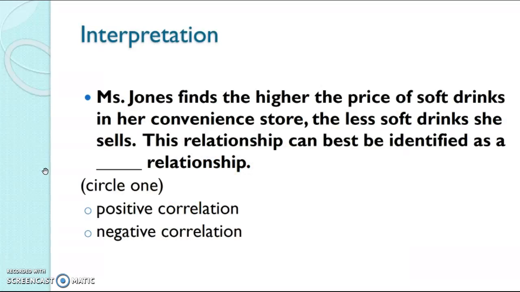So first of all, I want you to be able to look at this in terms of words. Ms. Jones finds that the higher the price of soft drinks in her store, the fewer soft drinks she sells. So prices are higher, drinks sold are lower. Is this a positive or a negative correlation?